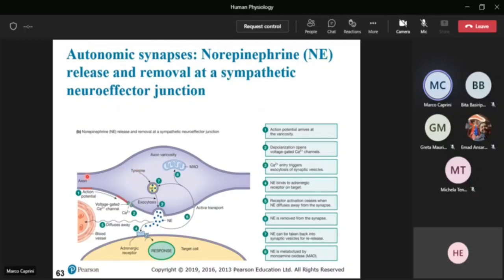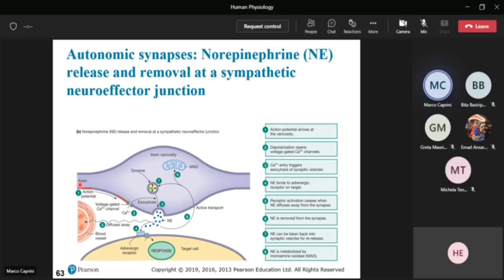Norepinephrine is released here in the neuroeffector junction. How is the norepinephrine released here? The mechanism is always the same. The action potential goes all along the neuron and moves until it reaches the varicosity.